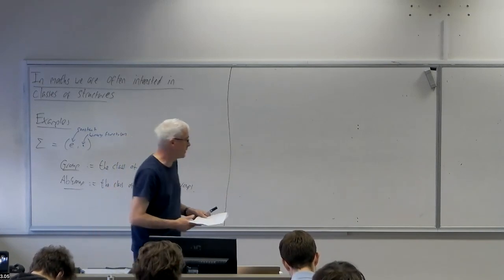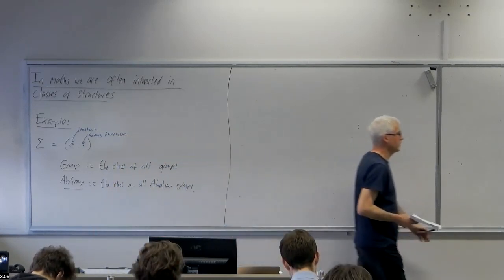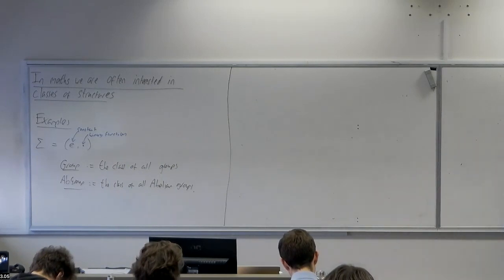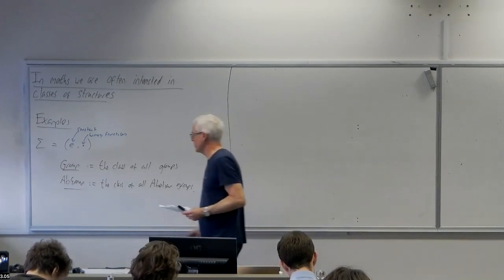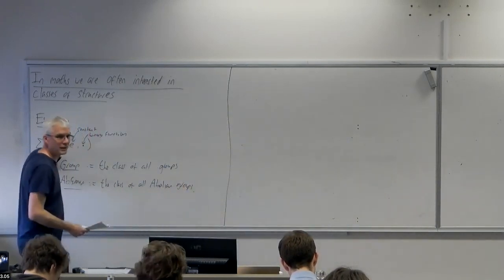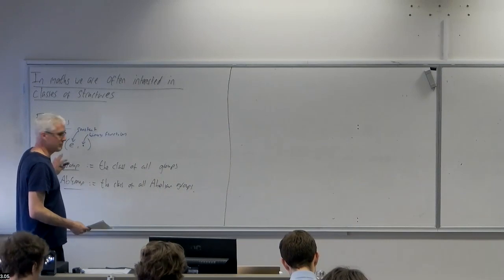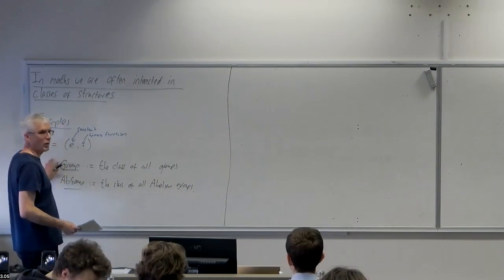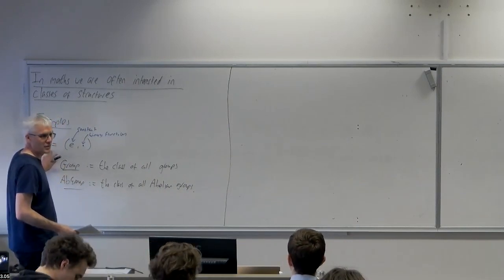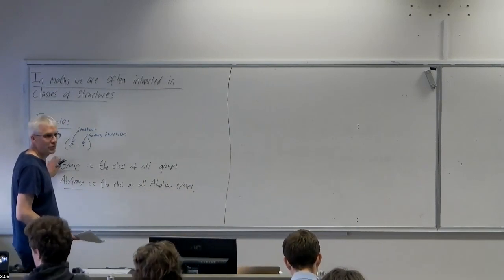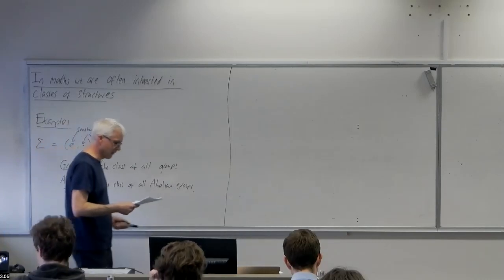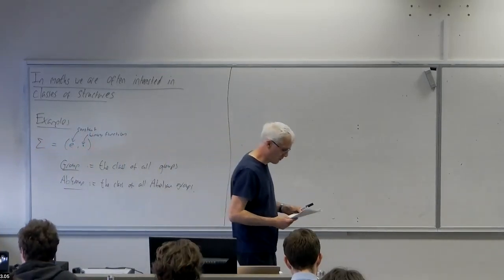Okay, so we've got the notion of theory of a class of structures, and I want to illustrate it by looking at some properties true in the theory of the class of groups.